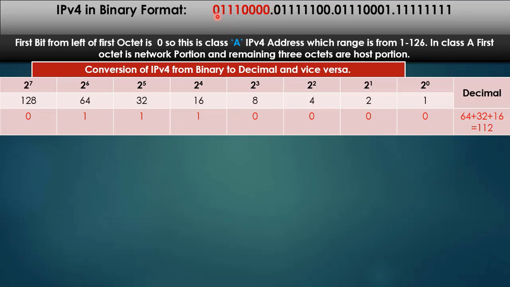We convert this octet of binary number into decimal number to find its class.